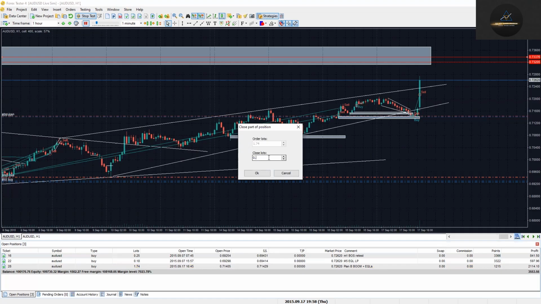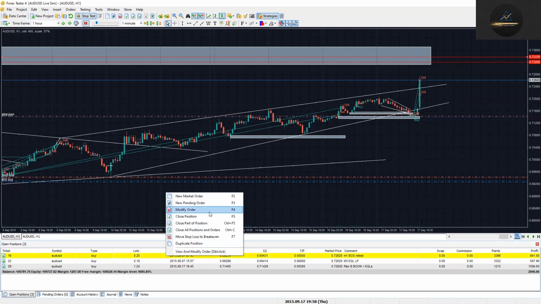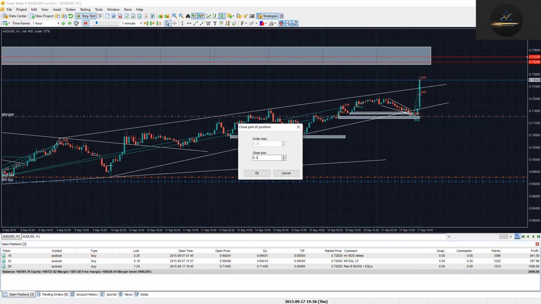Let's do a little bit less than that. Close about that much. Let's bank some profits on these bottom ones. Close part of position.